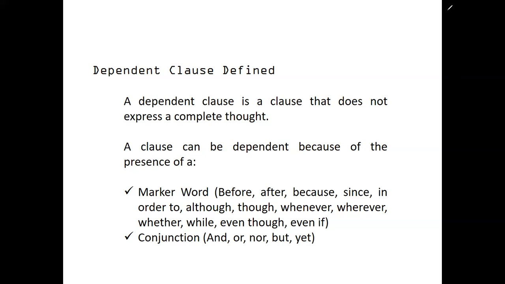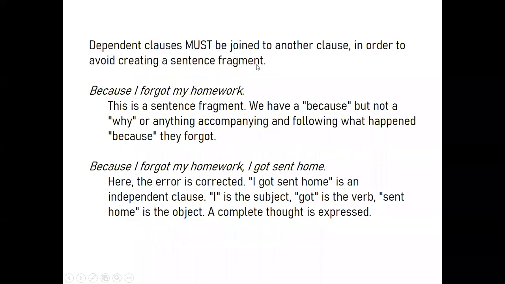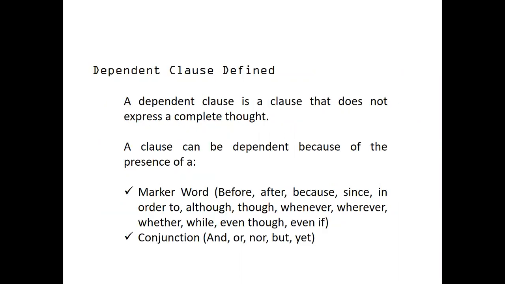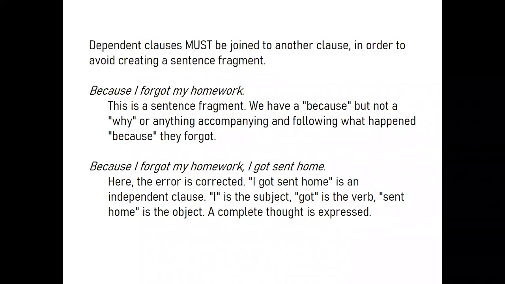So what are some things? Dependent clauses, be reminded, this is critical, must be joined to another clause in order to avoid creating a sentence fragment. Just like what I told you earlier, when we start with words like before the sunrise, whatever it is, that is a sentence fragment.